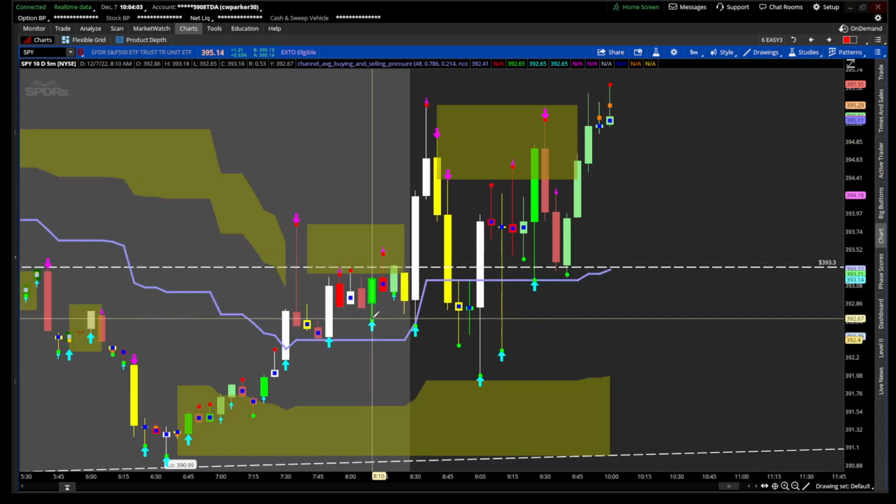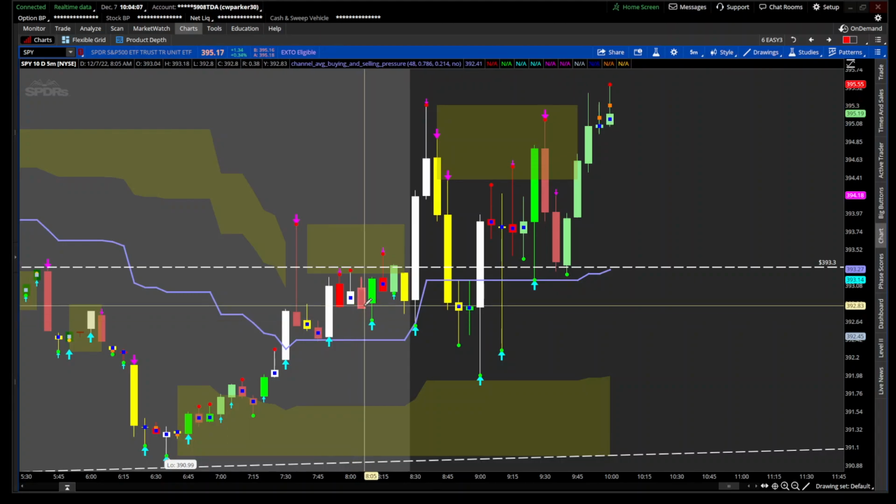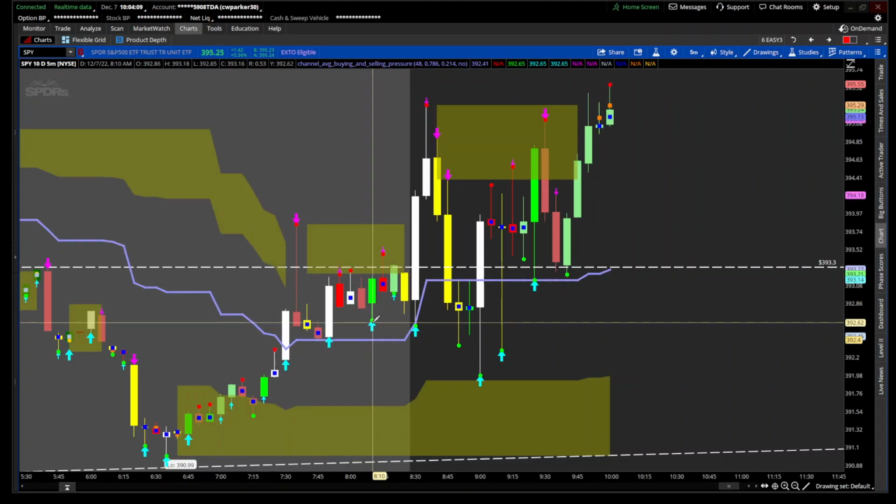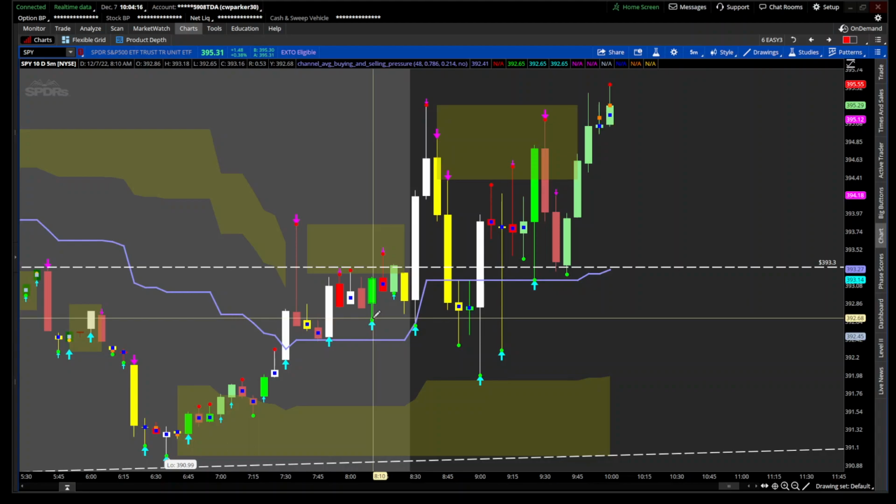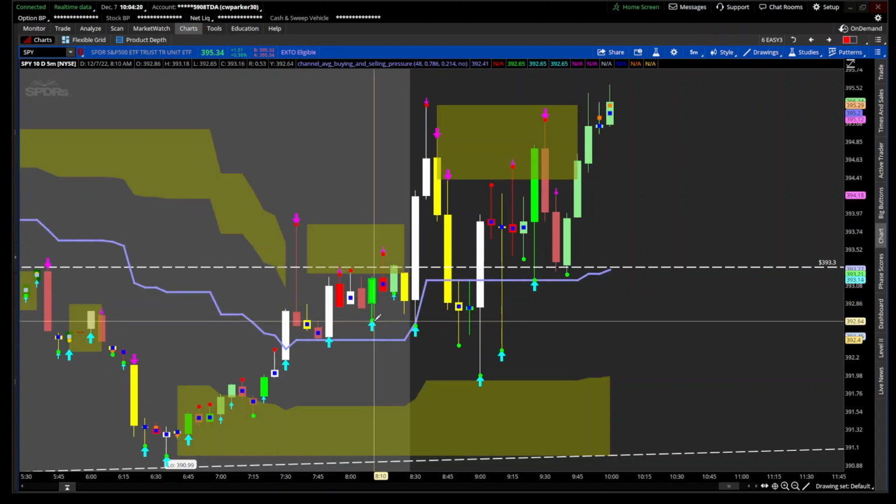I changed the actual buying and selling pressure dots. If the stock makes a new low, but the range of the close minus the low is greater, then you get a green dot.